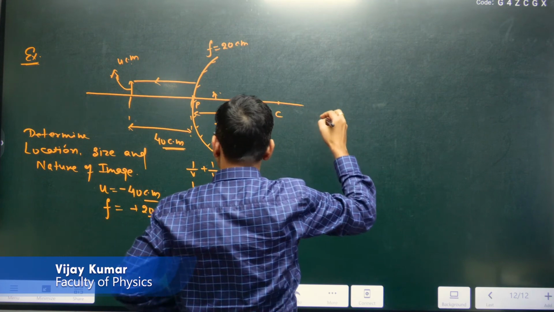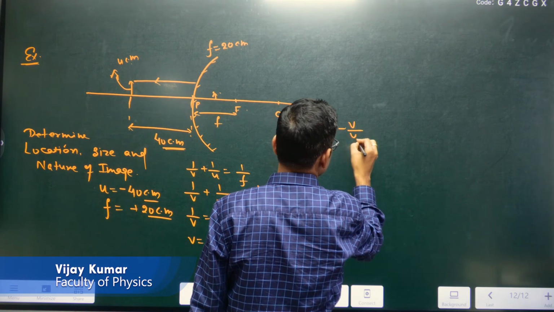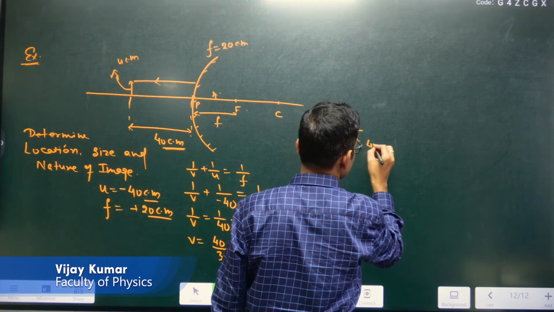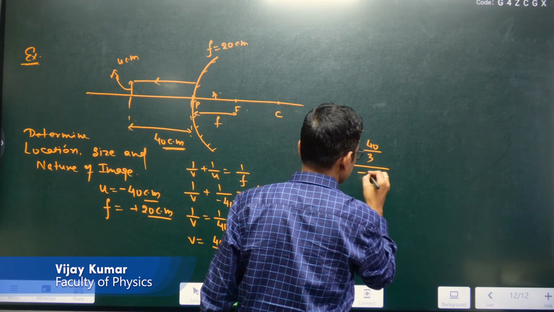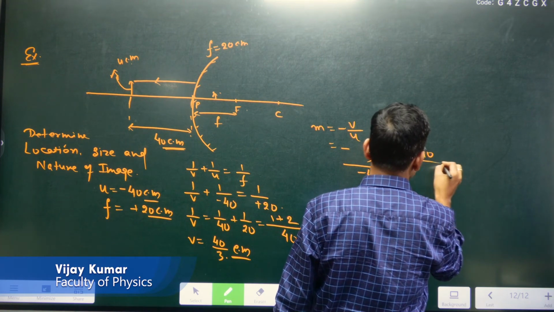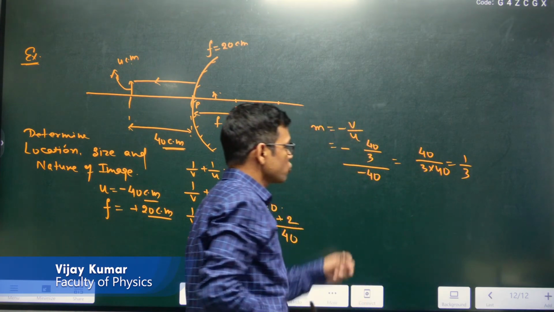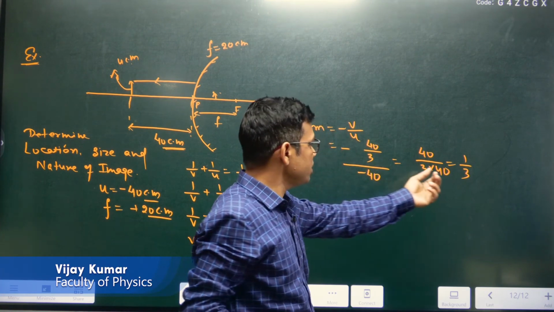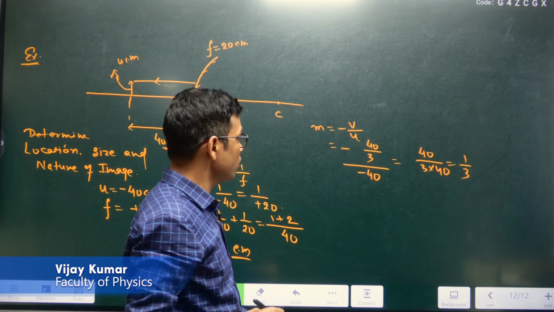Now come to the magnification. m is equal to minus v by u, which is minus of 40 by 3 divided by minus 40, equal to 40 by 3 into 40, which is 1 by 3. So m is equal to 1 by 3, which represents that the image will be diminished, smaller compared to the size of the object.